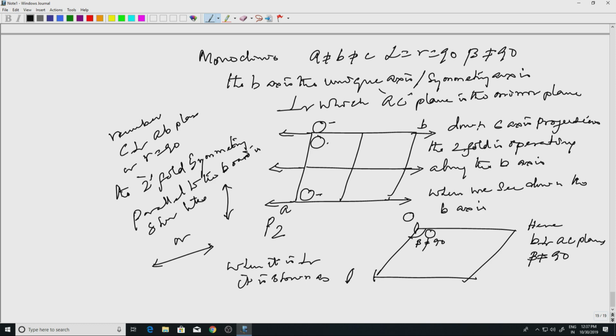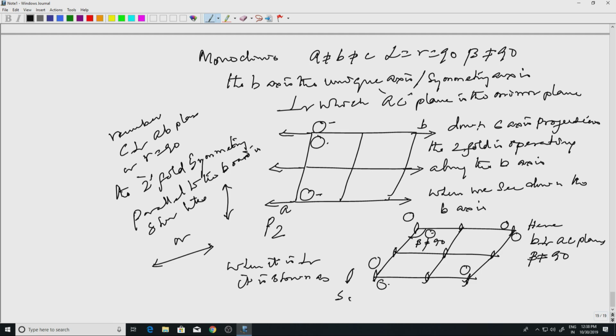Now the same two-fold is operating here and here and here. So this can be translated here. So then you can see here and it comes here. There will be one more here. This is getting generated between this and this. A two-fold is here and a two-fold is here. These two are related by a two-fold. Comes here and a two-fold here.